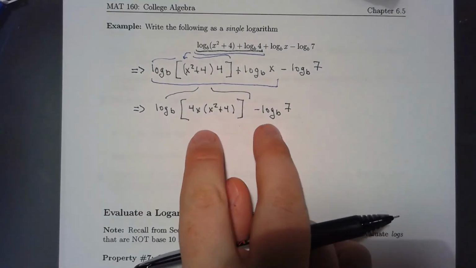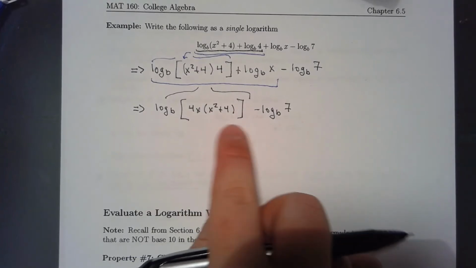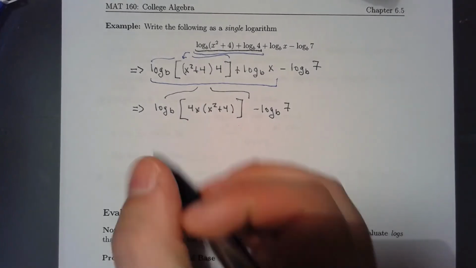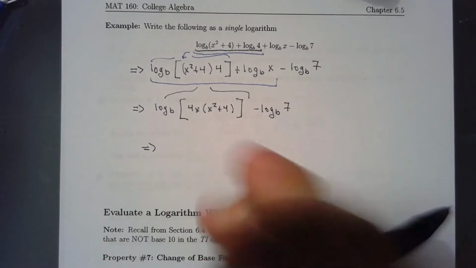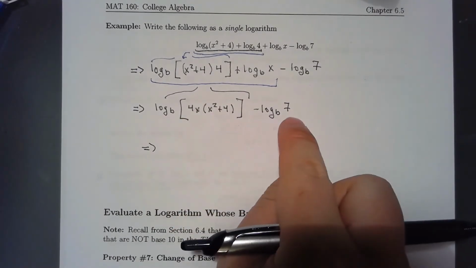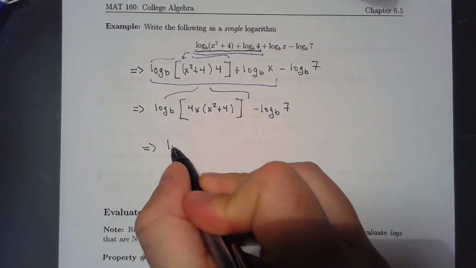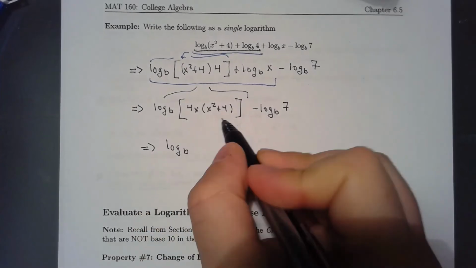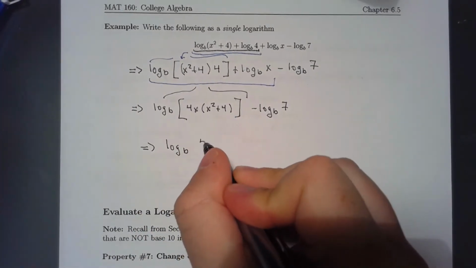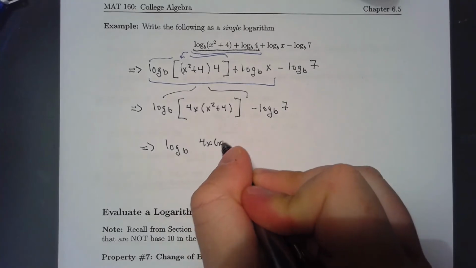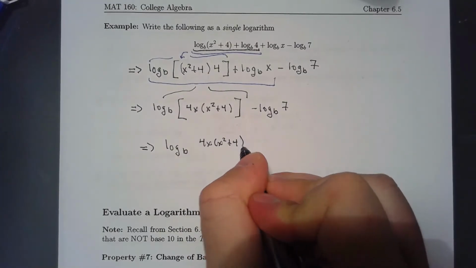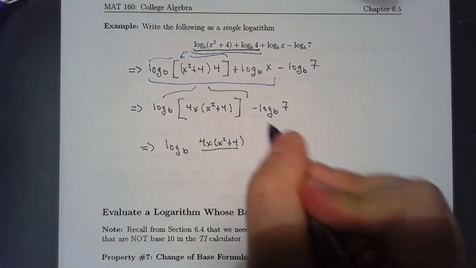And now I'm going to use property number 4, right? So I have a log of a term minus a log of another term, so that's going to be the quotient of the logs. So that'll be the log base B of this divided by 7.